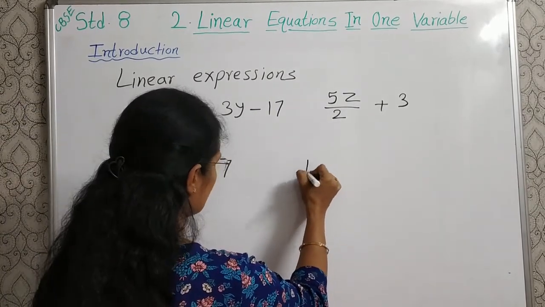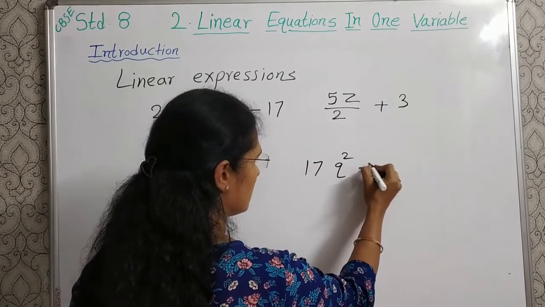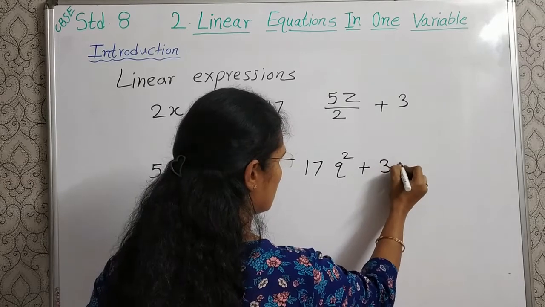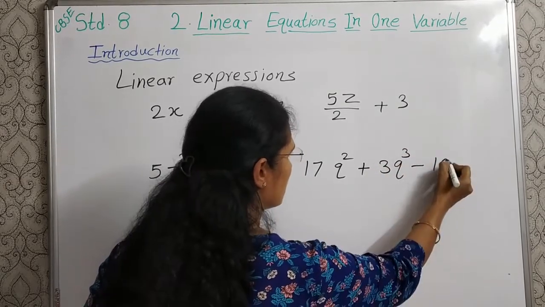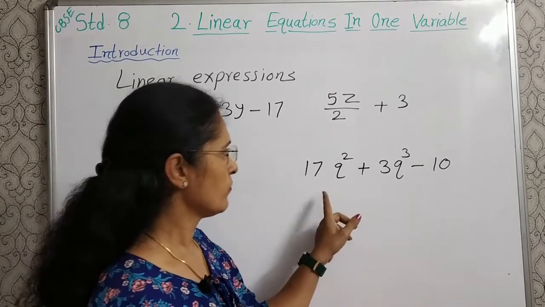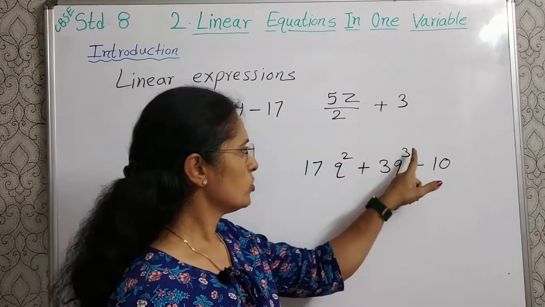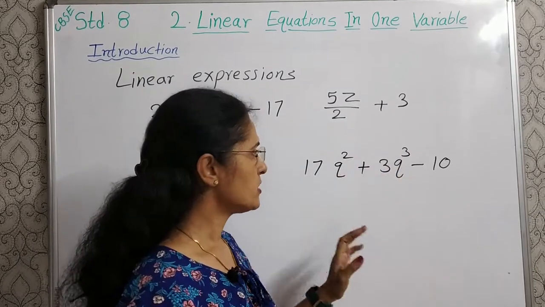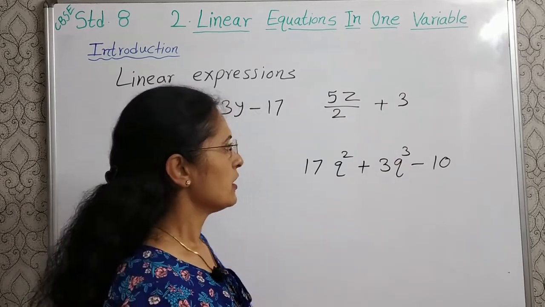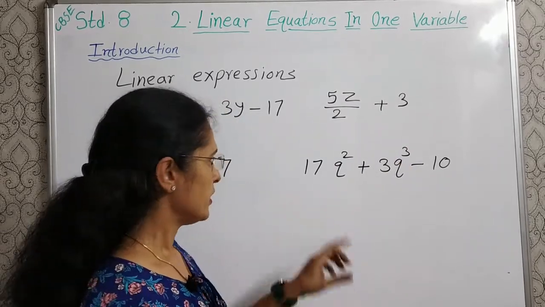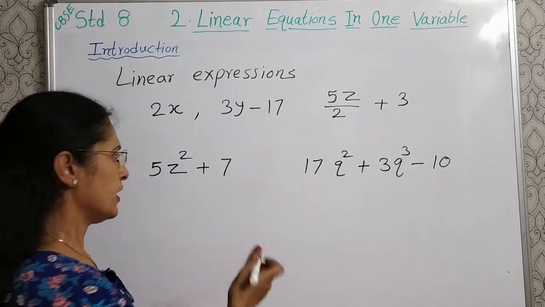Then 17q square plus 3q cube minus 10. Now see, in this expression the variable is q and the powers are 2, 3, and the highest power of this variable is 3, which is greater than 1, and therefore this expression is also not a linear expression.